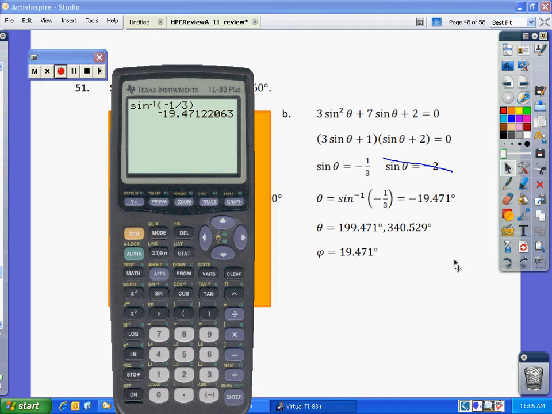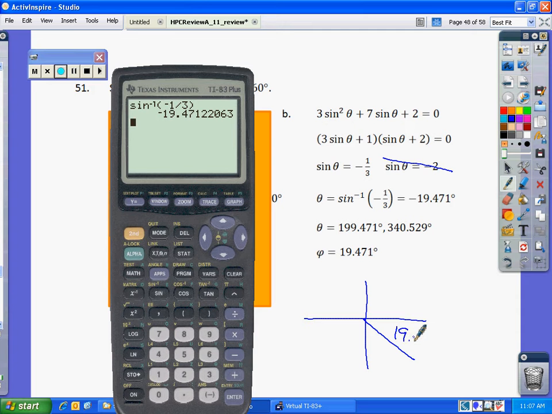Remember, sine inverse is only defined in the first and the fourth quadrant. So it's actually given me the reference angle. The calculator's given me the reference angle. So it's given me this angle here is 19.471 degrees.